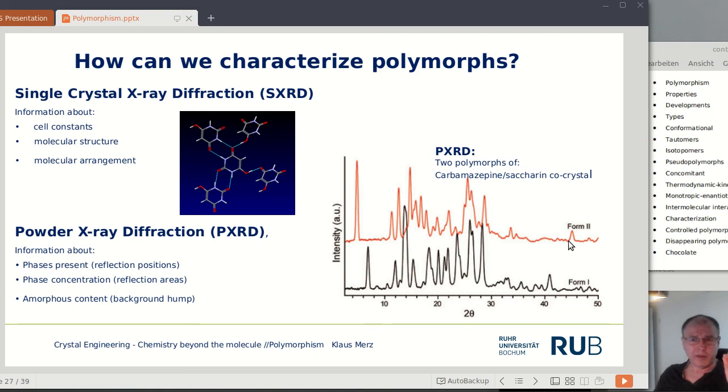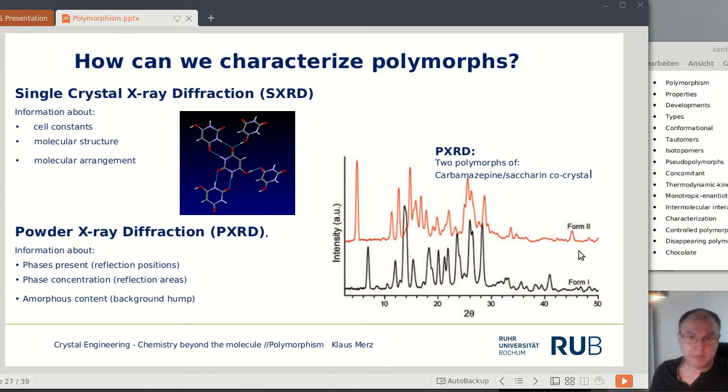And this is always an indication we have two different entities. They must not be directly polymorphs, but these two compounds are not the same compounds. Well, it could be a polymorphic form, a co-crystal, a hydrate, and so on, or might be a side product, whatever you want.